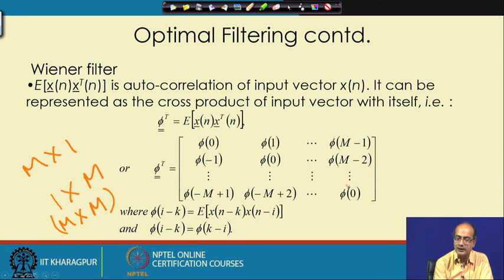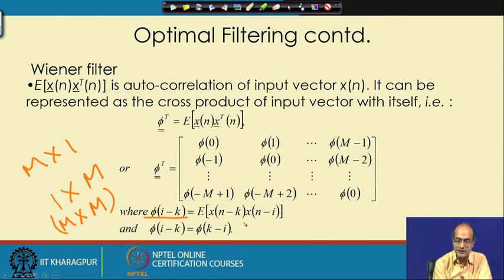The constituents are phi, marked from phi 0 to one side, m minus 1, and starting from phi minus m plus 1 to phi m minus 1. For each of these terms phi i minus k, the expression is the expected value of x n minus k into x n minus i. Again let me remind you that we can put it in this simple form because of the assumption of stationarity.